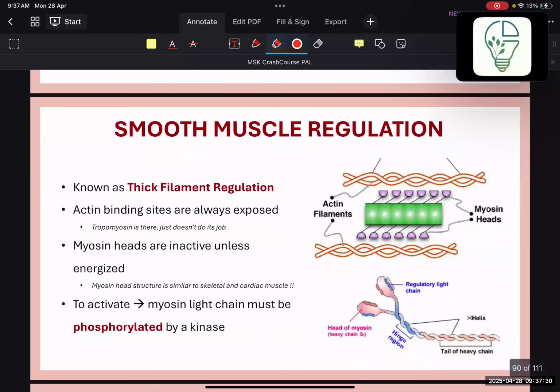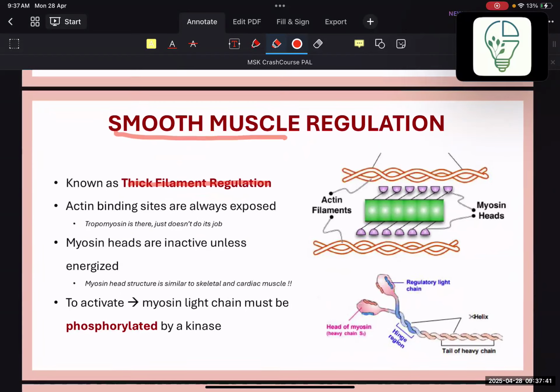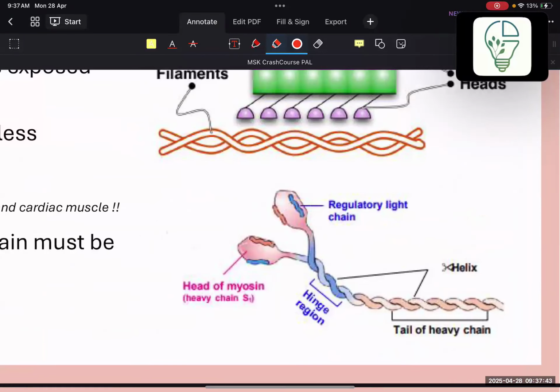Now, smooth muscles, on the other hand, have thick filament regulation. Thick filament is obviously the myosin, the entire myosin molecule. And the way this works is that the myosin in smooth muscles is the same structure as the myosin in skeletal muscles.